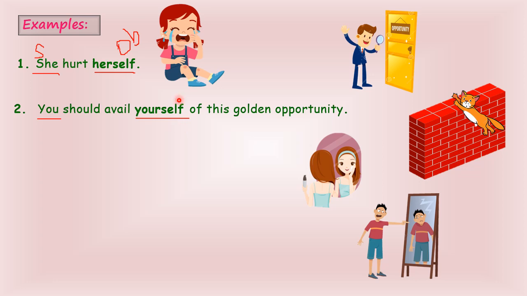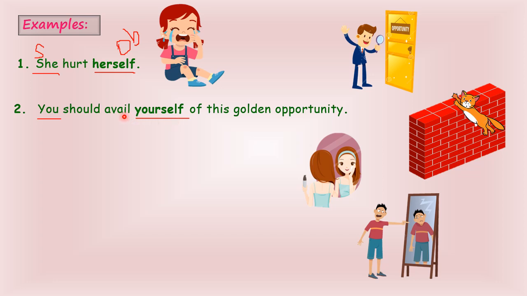Yes, it is a reflexive pronoun. Now, if you read without this, just remove yourself from the sentence: you should avail of this golden opportunity. Are you getting complete meaning? No. So reflexive pronoun is very important for the sentence.